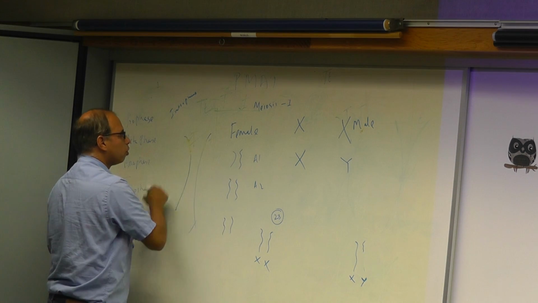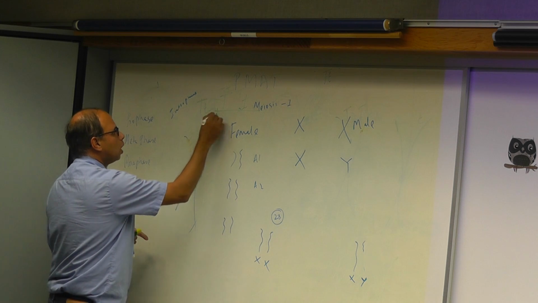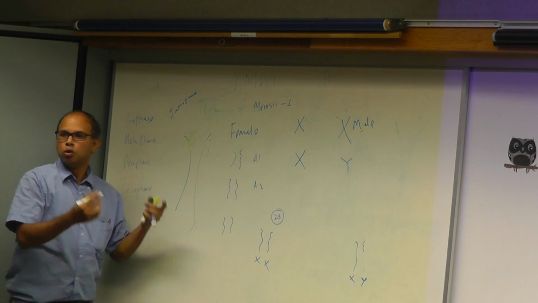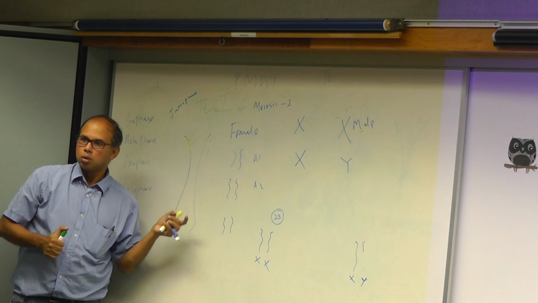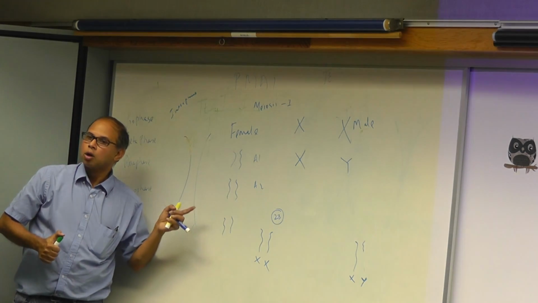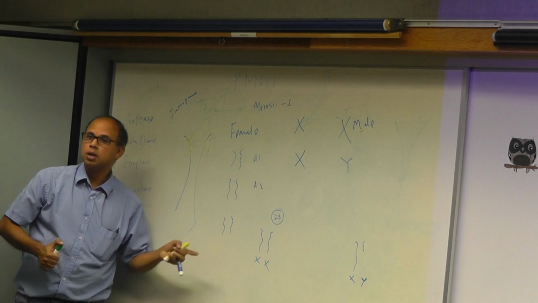Same thing from the other parent. You would have a T and a T, and you don't know which one you get. So this is the chromosomal basis of heredity.